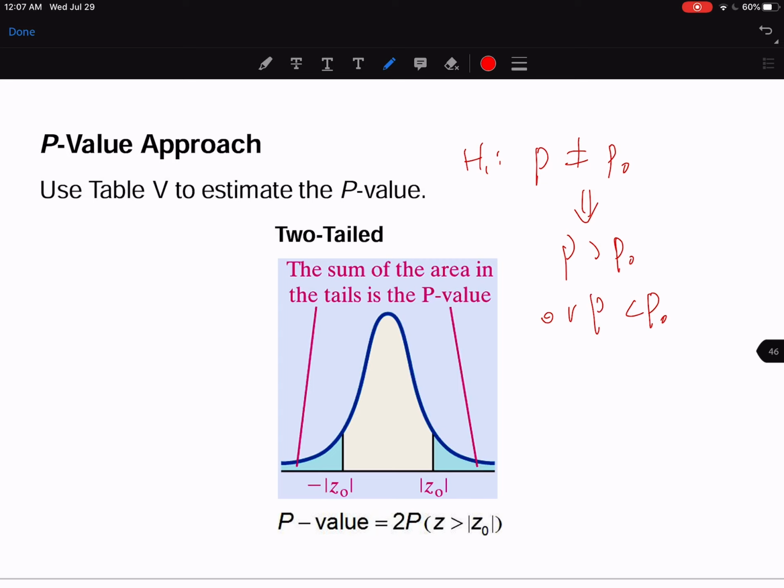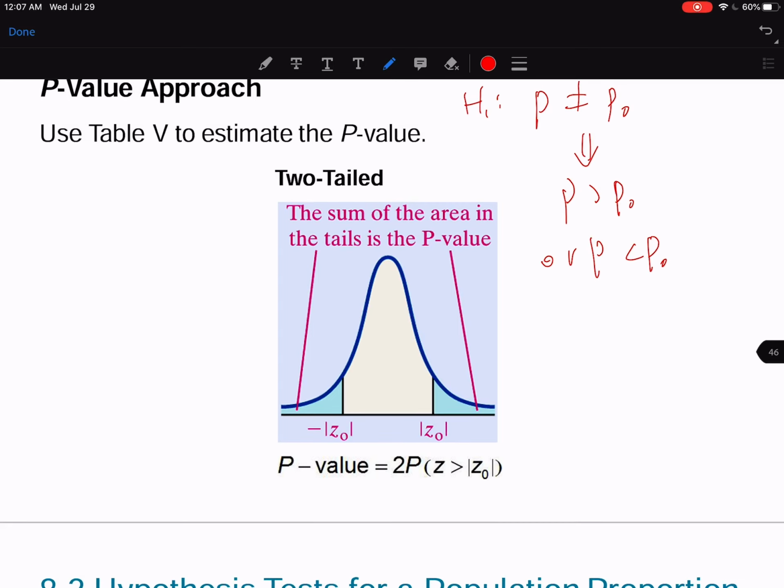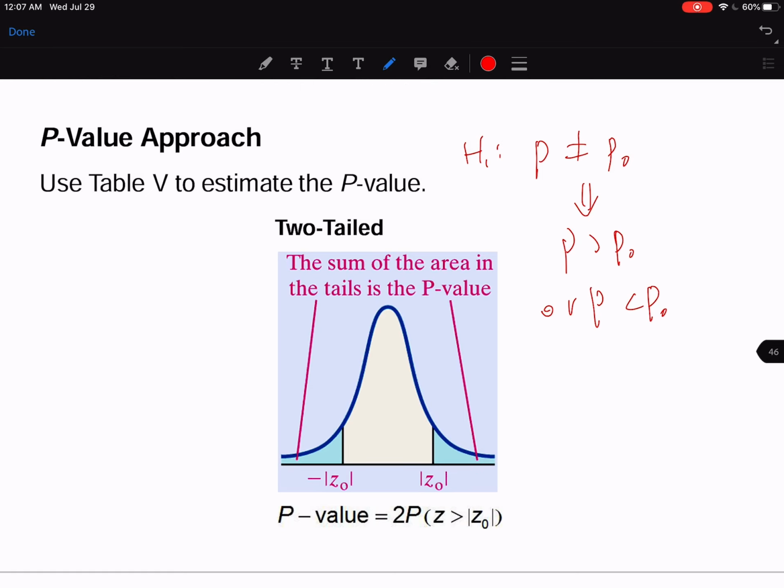That means p could be extremely large or extremely small. And we know that the normal curve is symmetric around 0, so the sum of the area in the tails is the p-value, and the sum of the area in the tails would be equal to 2 times one of the areas, because of symmetry, the areas of those two regions are completely equal to each other.